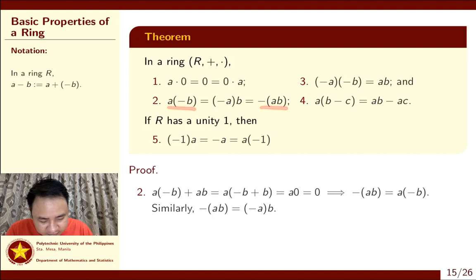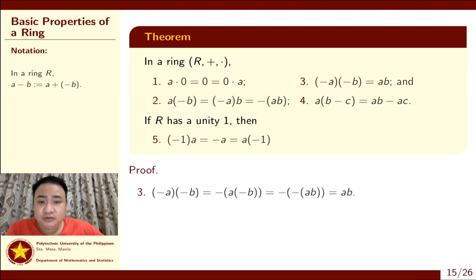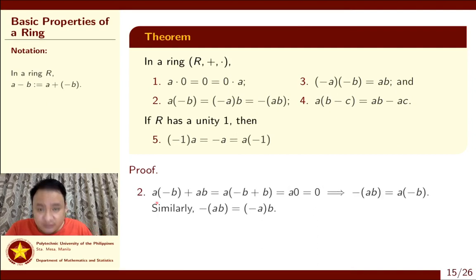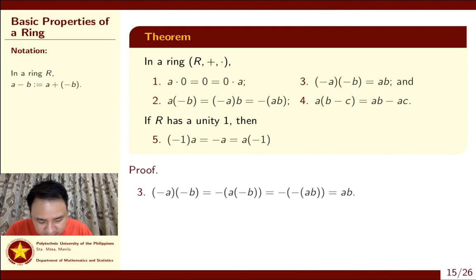Ito yung exercise. Okay? The third property. Yung third property ay consequence ng number 2. Paano? Well, kasi yung minus A times minus B, kung i-apply natin muna yung number 2, yung minus na ito lalabas.